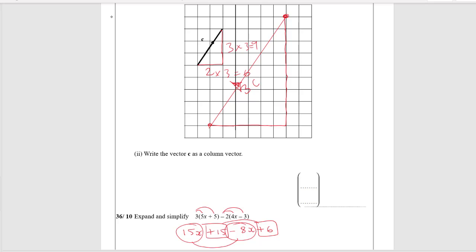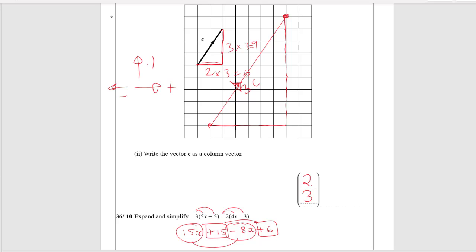Write the vector c as a column vector. So vector c as a column vector, we already answered this, but let's do it again. So we go 1, 2 across, so that'd be 2 across first, going to the right, so it's positive 2, and 1, 2, 3 up. So 2, 3. So always remember, if you're going right, it's positive. Going left, it is negative.